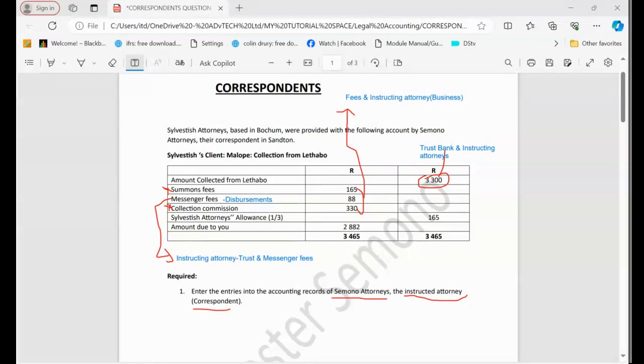So we're going to affect the instructing attorney. In other words, the instructing attorney is going to be affected by our 1/3 at the end of the day. So with regard to this amount, the allowance again is going to affect the fees, and together with the instructing attorney.